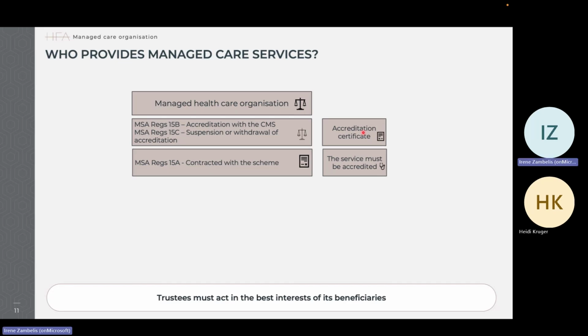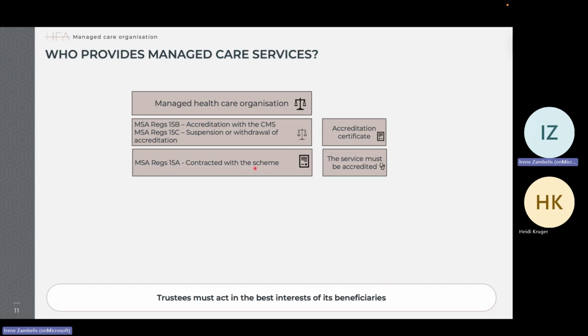In addition, though, to having that level of accreditation from council, the scheme must enter into a contract with a managed care organization.